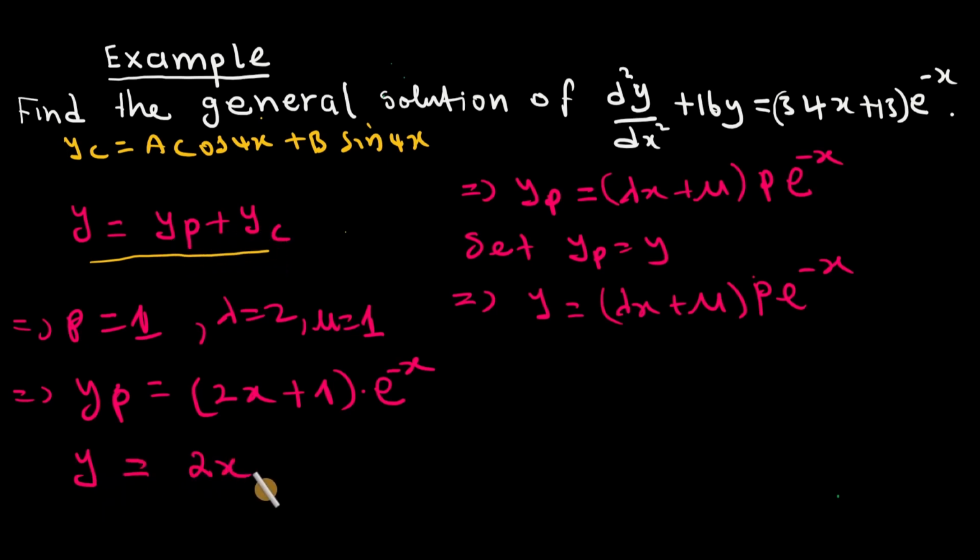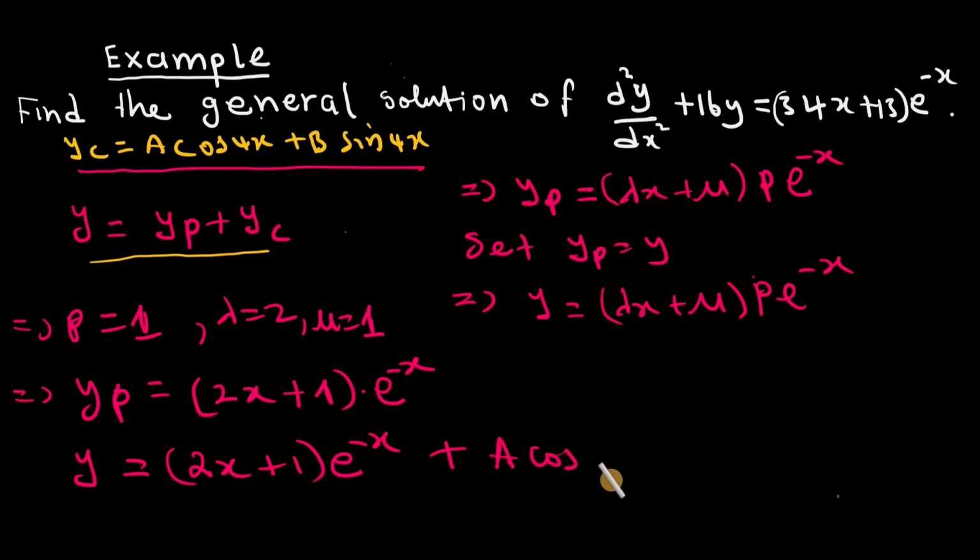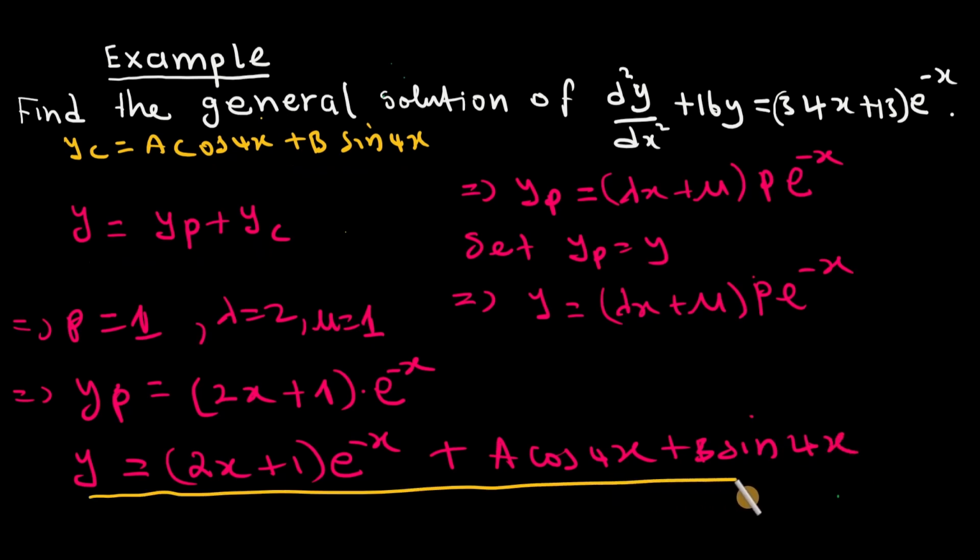That is 2x plus 1 times e to the negative x plus yc that we obtained before. That is a cos 4x plus b sin 4x. So this is the general solution of this differential equation with real constants a and b.